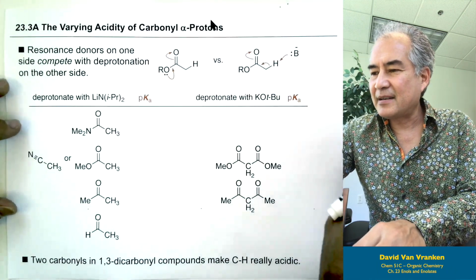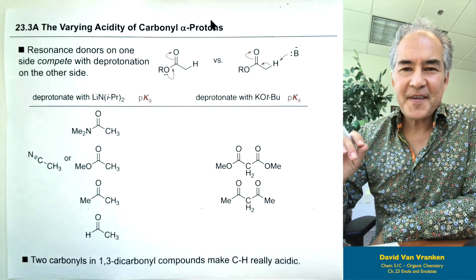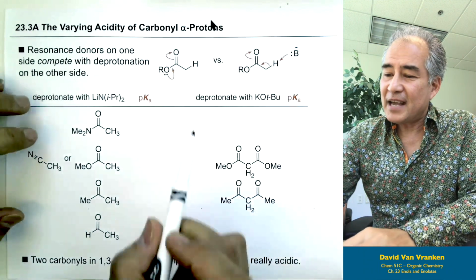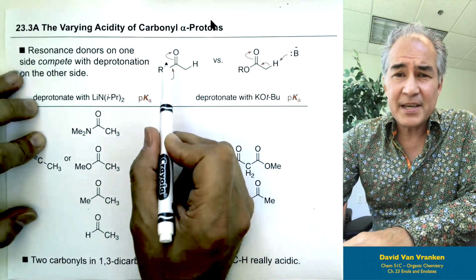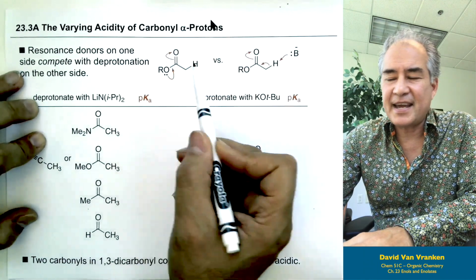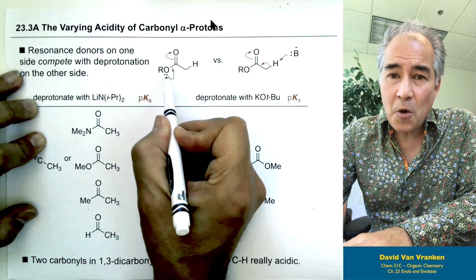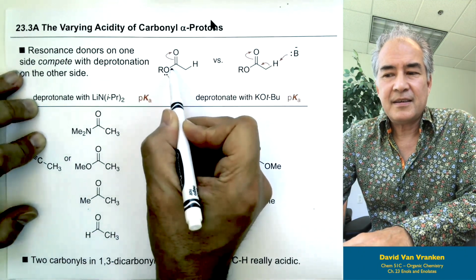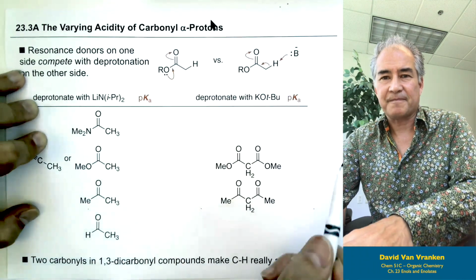Let's take a look at how the detailed structure of the carbonyl affects the acidity. It turns out that what's on the other side of that carbonyl has a pretty serious effect on the acidity of the CH. In particular, if I have heteroatoms that have lone pairs that can donate through resonance into the carbonyl, it's going to make it harder to pull this proton off.